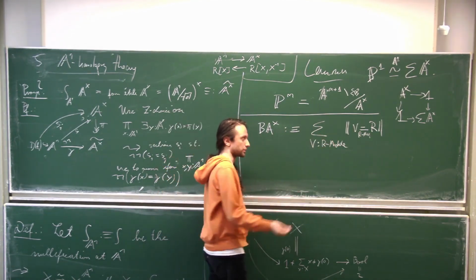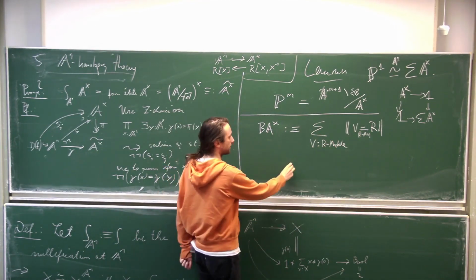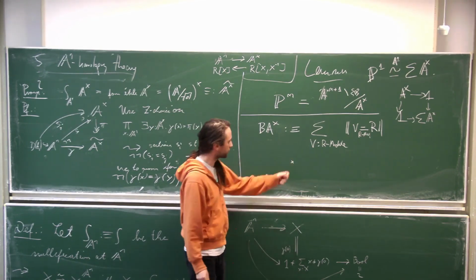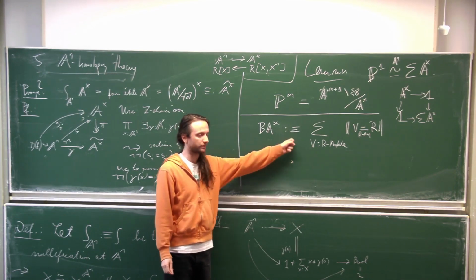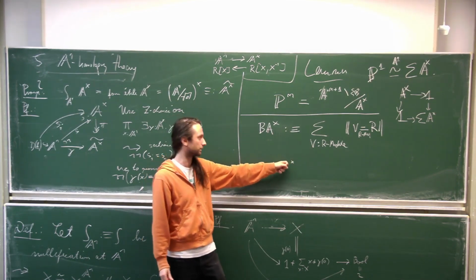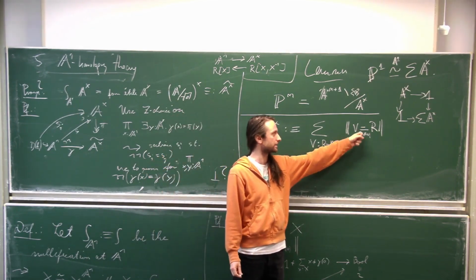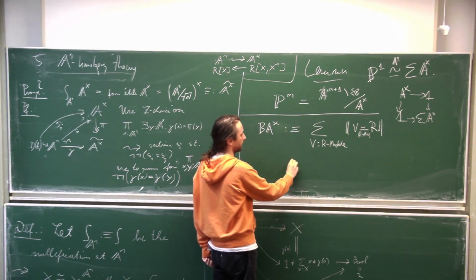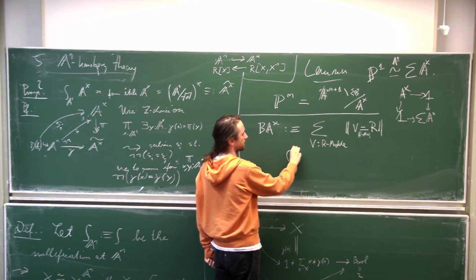It has a point, which is simply the R-module R. And if you look at the path space, it will be the type R equals R as an R-module.